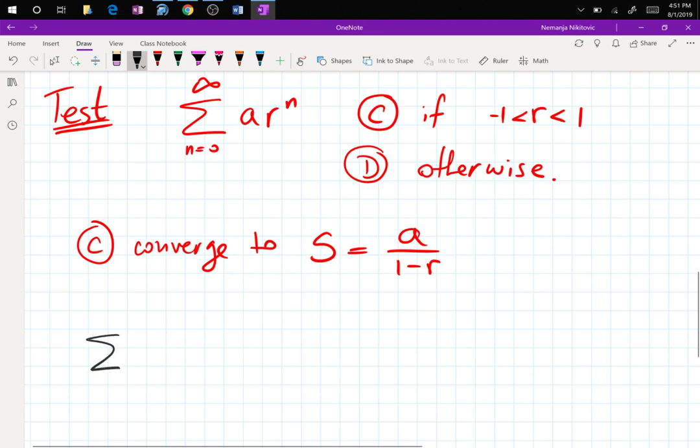You have the summation from 0 to infinity of 3 times (1/4)^n as a problem. Converge or diverge?